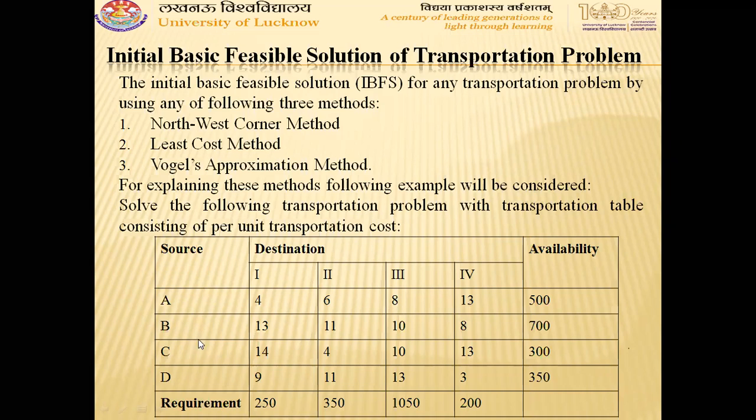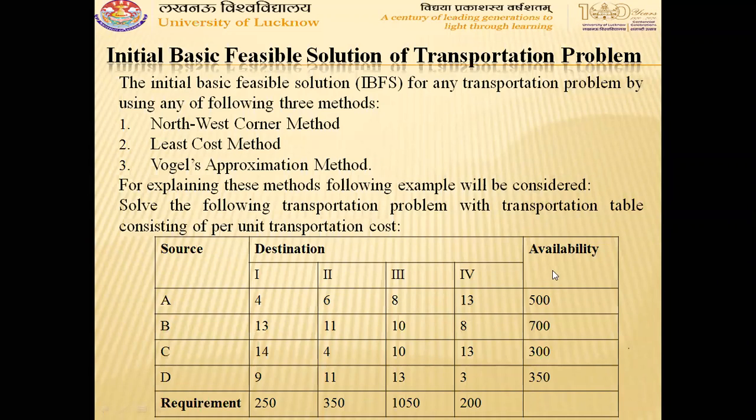So we have four sources A, B, C, and D, and four destinations 1, 2, 3, and 4. For transporting one unit from source A to destination 1, the cost will be 4 units. Similarly, for transporting one unit from source A to destination 2, the transportation cost will be 6.